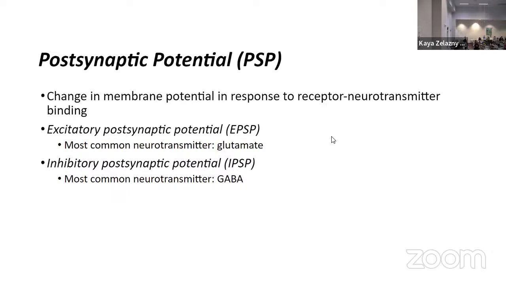So more glutamate tends to cause more action potentials, gets you closer to that threshold, tends to let sodium, calcium in. Our most common neurotransmitter for inhibiting our neurons is a neurotransmitter called GABA. Okay? So if you have GABA released from your presynaptic neuron, that's going to kind of suppress that postsynaptic neuron, make it less likely to fire off an action potential.